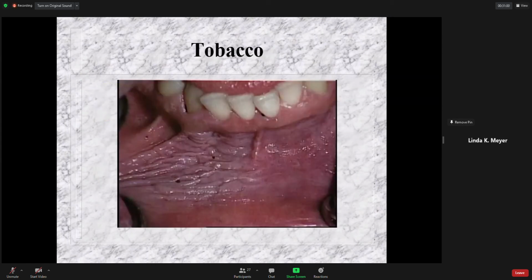So here's an example of oral tissue response to tobacco chewing, which is classified as a carcinogen, an agent that causes cancer, and it can cause oral cancer.